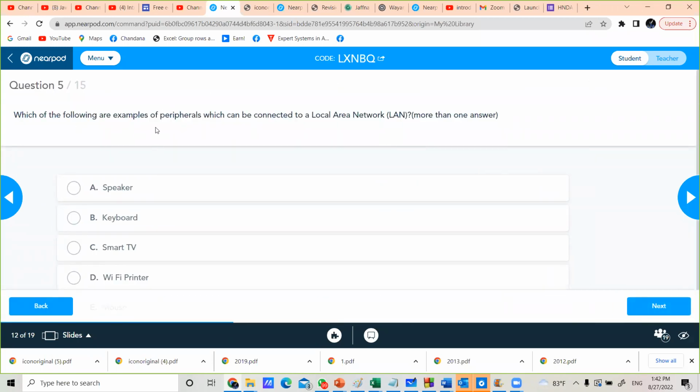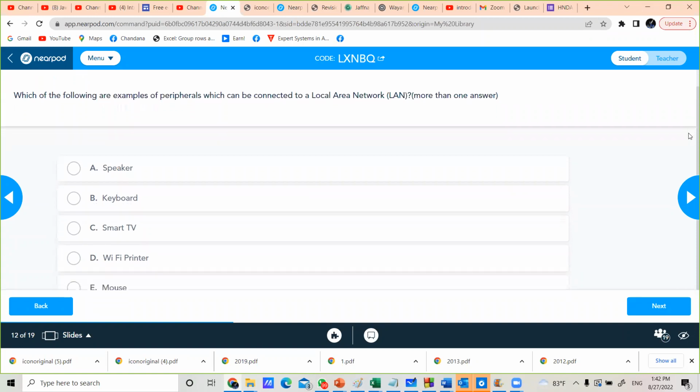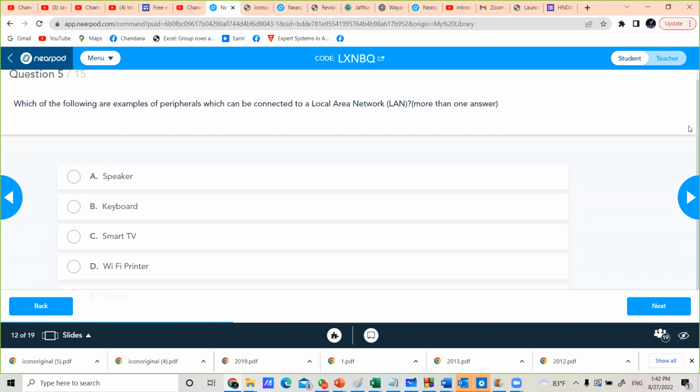Which of the following are examples of peripherals which can be connected to a local area network? What are the devices you can connect with the local area network? Here, within brackets it says more than one answer, but you can mark only one here. You can't mark 2 answers. Speakers you can connect.